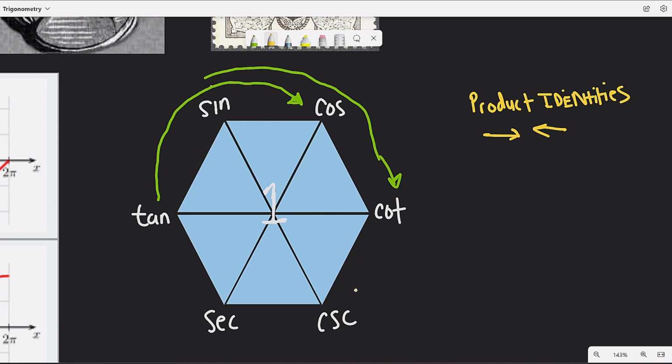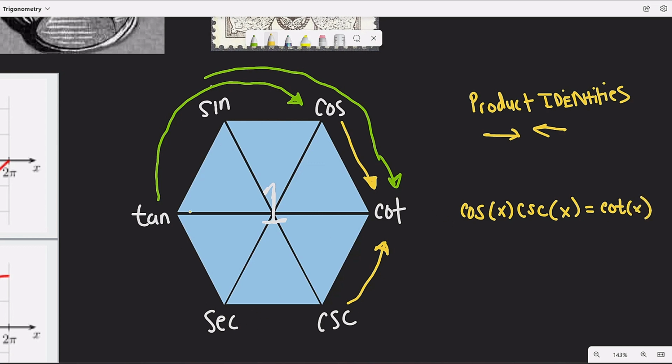And so if we draw cosecant to cotangent, we find that cosine of x times cosecant of x, in fact, equals cotangent of x.